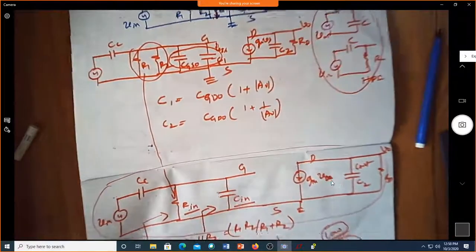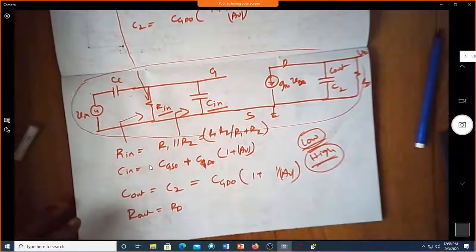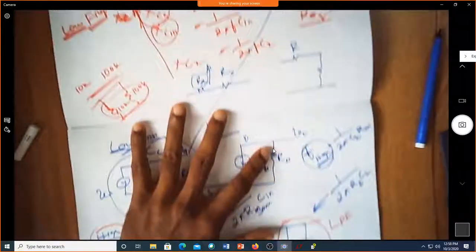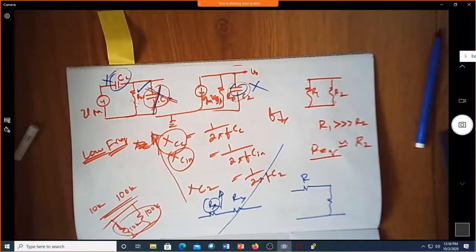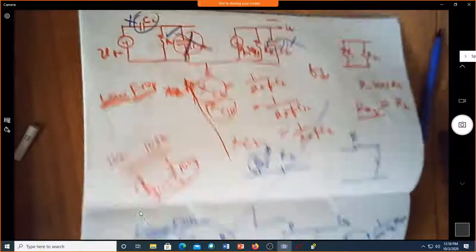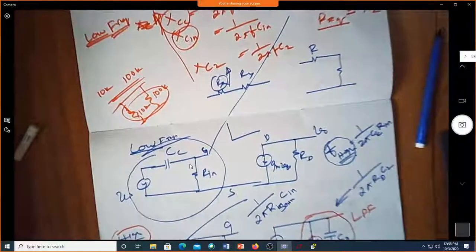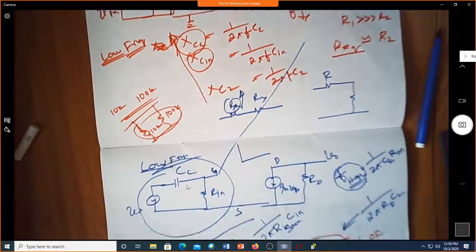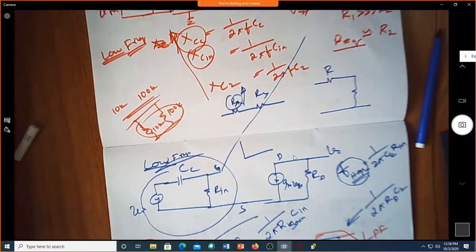So now we found out what all these parameters are, and we are trying to find out which one to consider and which one to not consider at lower and higher frequencies. We found that at low frequencies we can certainly neglect the impact of this and this, so we end up with only this as the equivalent circuit, which is the representation of what? A high pass filter.